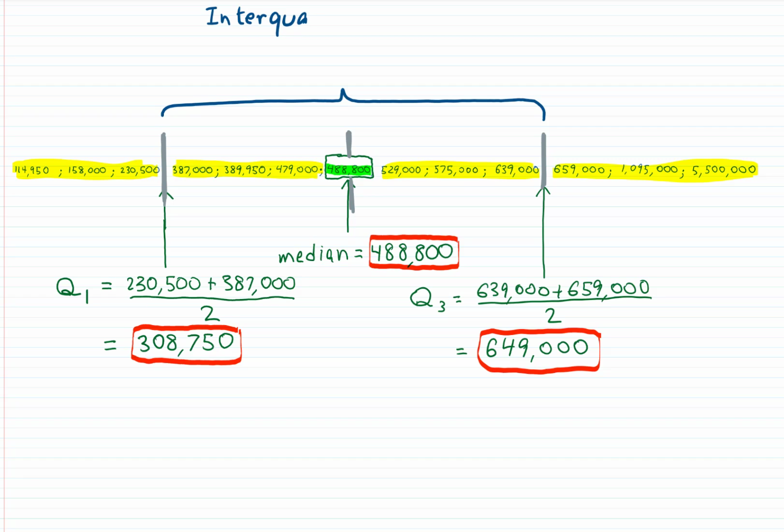Interquartile range. It's just the third quartile minus the first quartile. And what that does is it tells you one way of measuring how spread out is the center half of the data.